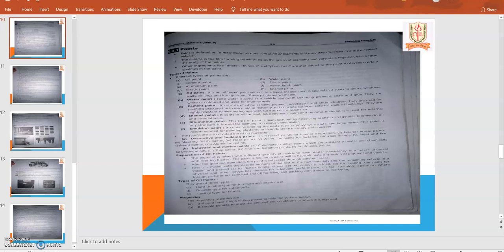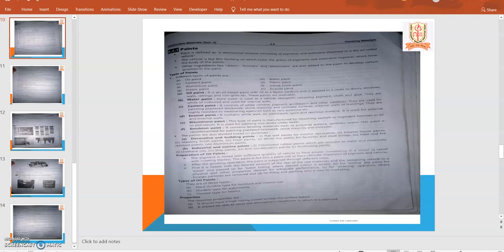In the tinting process the faint color gets into its desired color and becomes a thinner one. Then the straining operation where the foreign particles, meaning other particles, are removed, and filling and packing with a view to marketing.